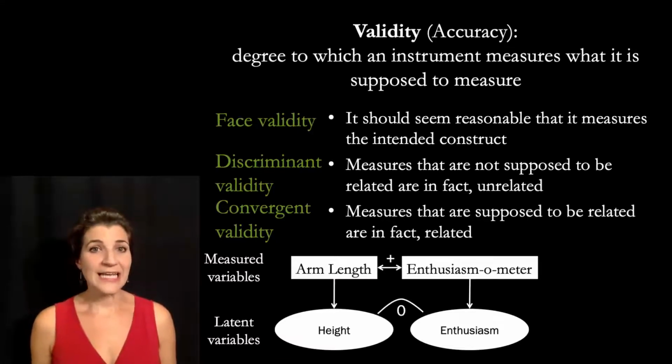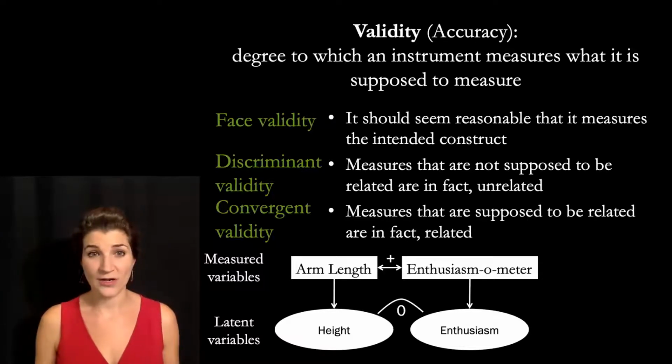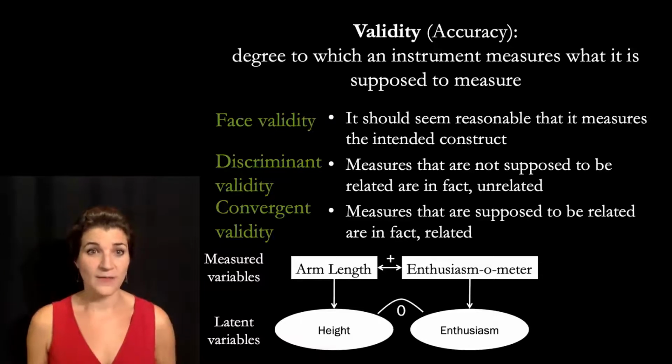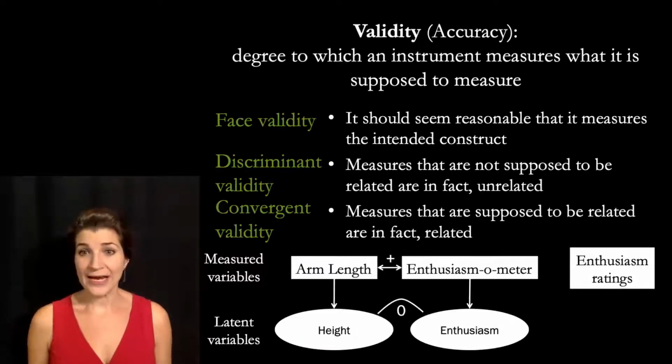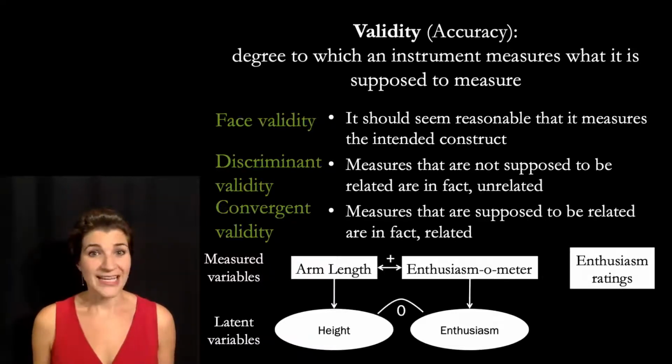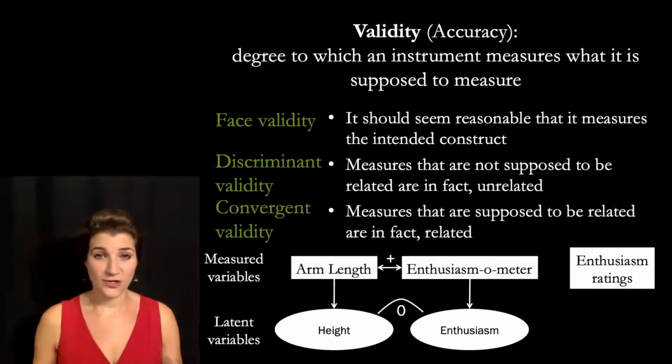So convergent validity assesses the extent to which measures that are supposed to be related to one another are in fact related to one another. So if you want to measure enthusiasm, rather than using the enthusiasmometer, we could get individuals' ratings of their own level of enthusiasm, right? Get self-report ratings, how enthusiastic are you on a scale from 1 to 7, have a survey or something like that.